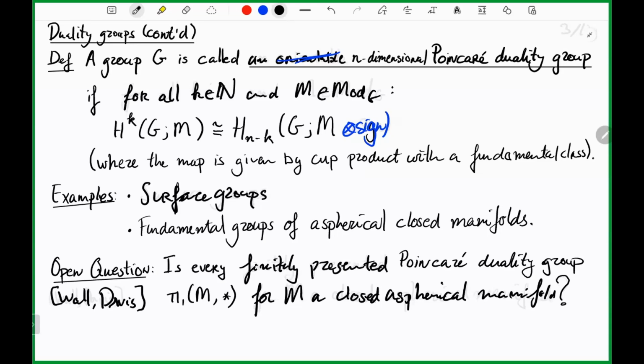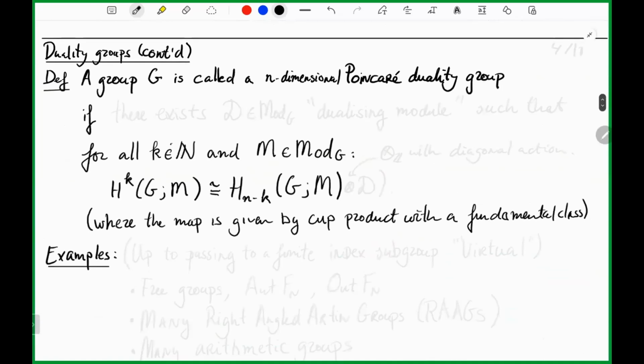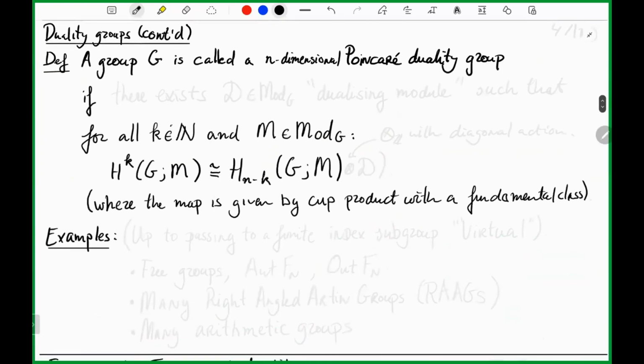Okay, so that's Poincaré duality groups. The thing I want to talk about is a little bit more general. They are called duality groups. So I'm going to modify my definition of Poincaré duality group to make it into the definition of duality group.